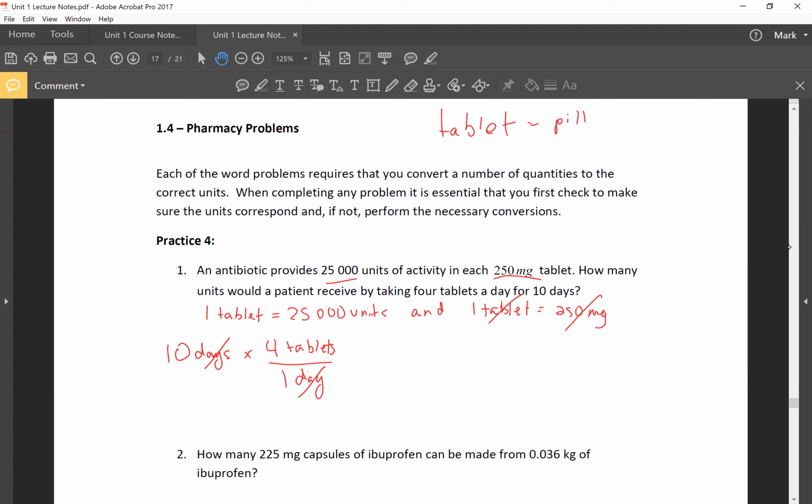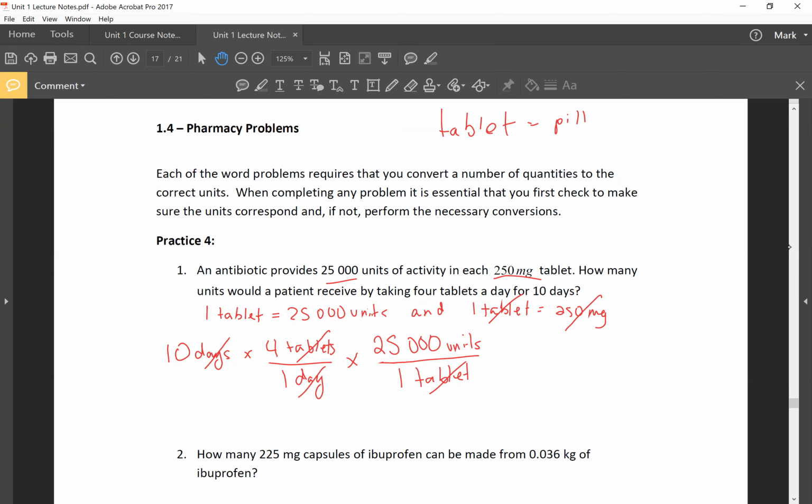The next part of this, though, is the question wants me to figure out how many units of activity that person would consume. Well, I know for every 1 tablet, they are consuming 25,000 units. So I'm done. I have my answer.